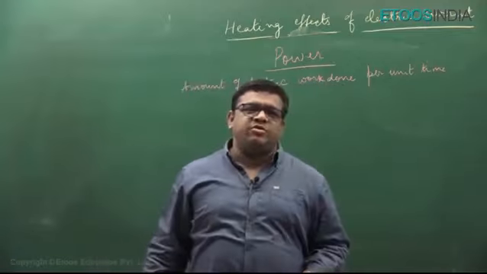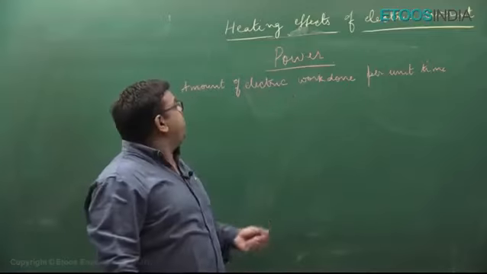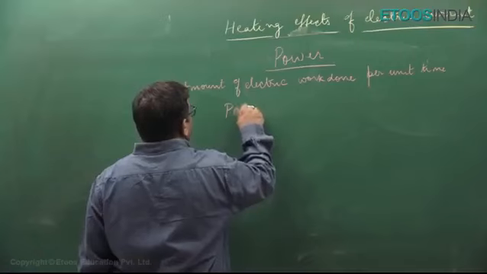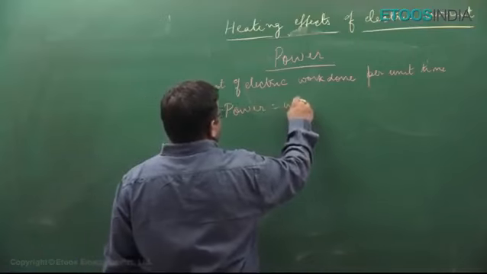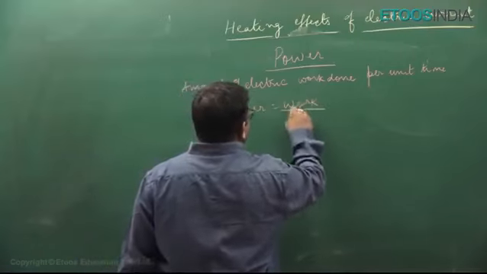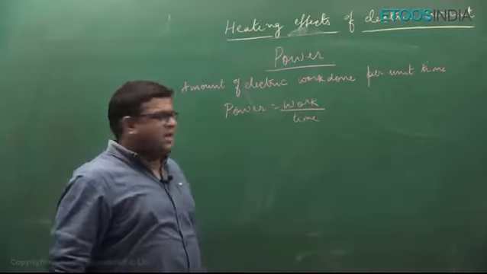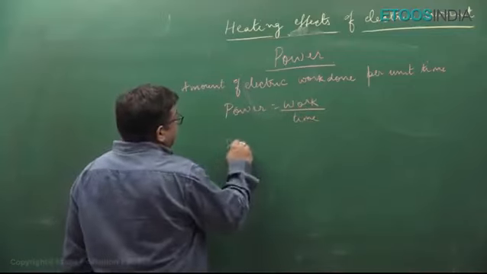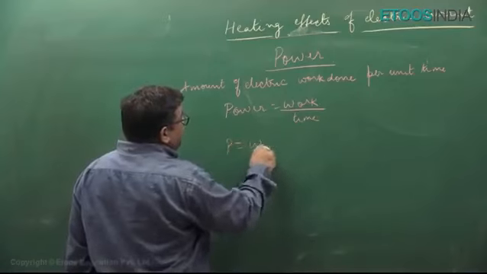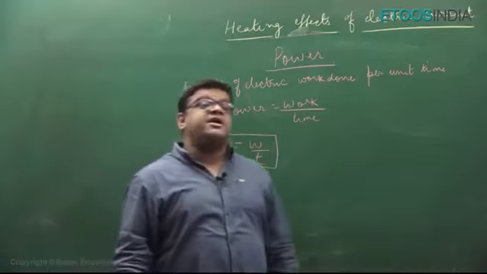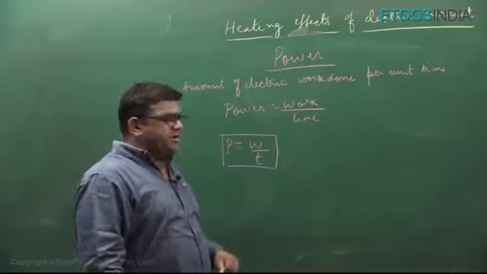Electric work done per unit time. So, what happens here is the formula will become work done upon time, or power is equal to W upon T. Now, I can derive many more formulas out of it.